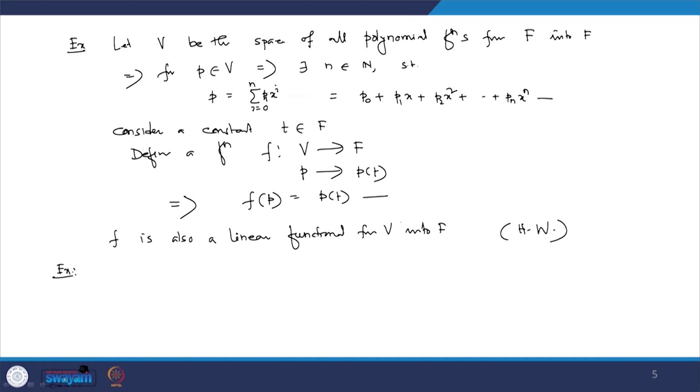In mathematics, most of the time you use standard examples. So, let me consider that one. Let V be the space of all real valued continuous functions on a closed interval, say [a, b].